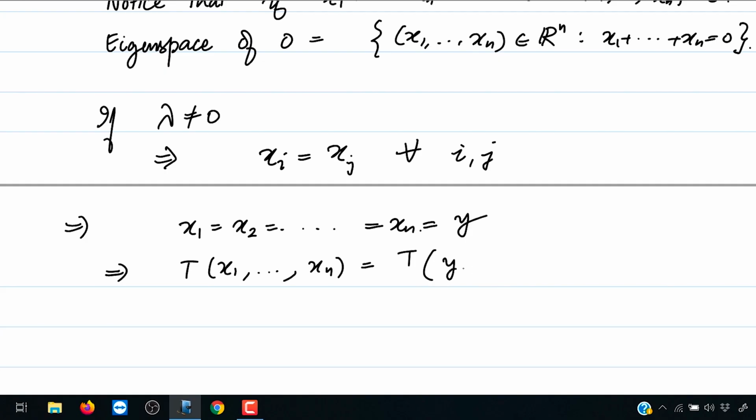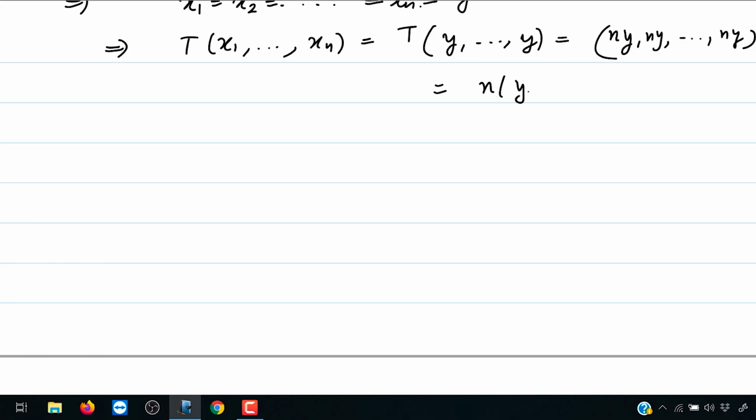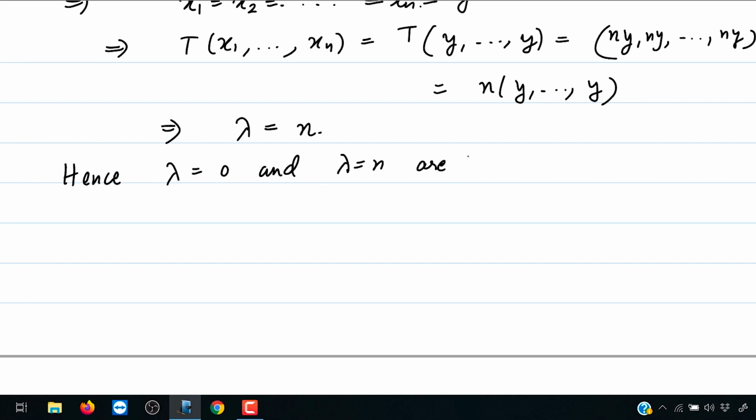This is just equal to T of (y, y, ..., y), which is equal to y plus y plus y and so on. This is going to be (ny, up to ny), where n is the dimension of Rn, which is equal to n times y. So this gives that lambda is equal to n. So if lambda is not equal to 0, lambda is forced to be equal to n. So hence lambda equal to 0 and lambda equal to n are the only eigenvalues of T.